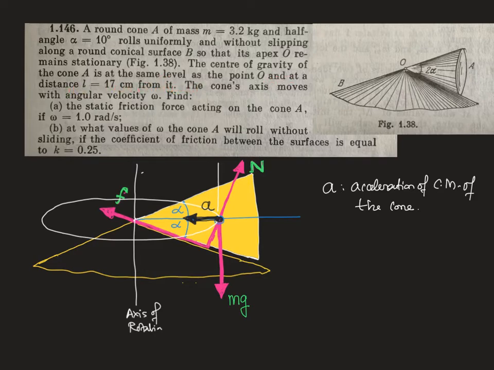So the distance given is L. So we can write the acceleration of the center of mass of the cone as omega square multiplied by L. And then we can resolve the forces in the following way.